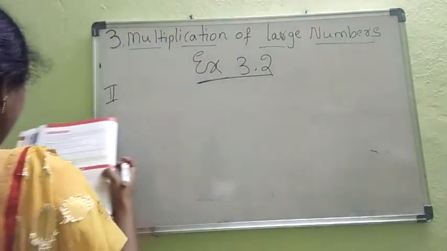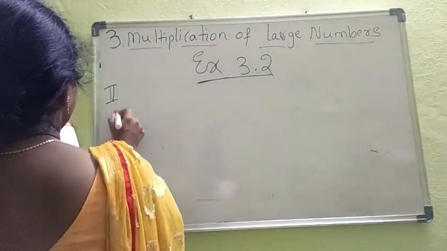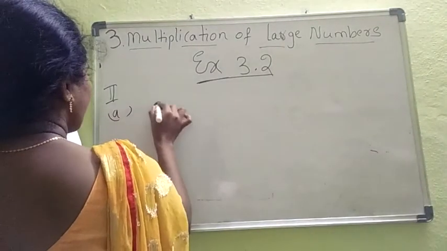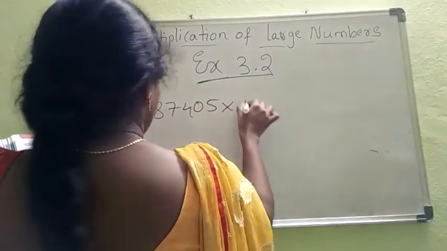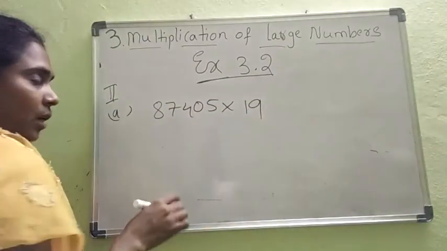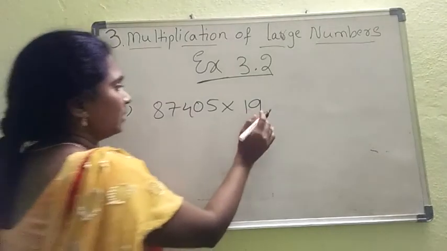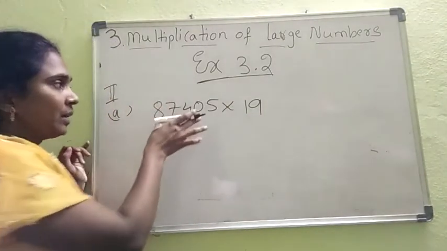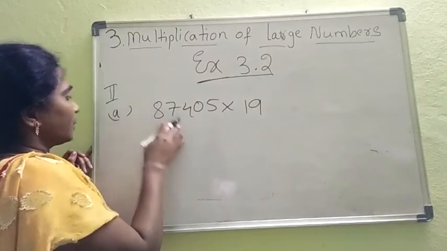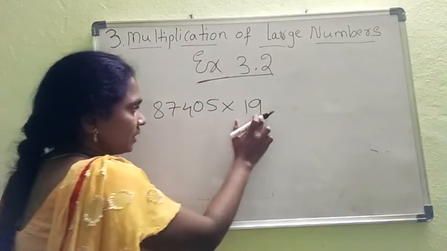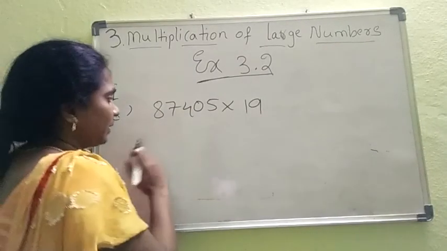Okay, that means we have a 2-digit number. How to multiply a 5-digit number? In the first bit we multiply a 5-digit number with 1 digit. Now in the second bit, in these questions, we need to multiply a 5-digit number with a 2-digit number, right?